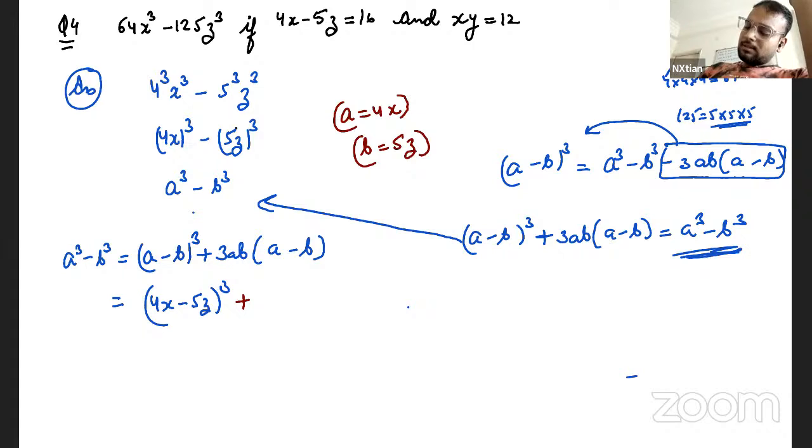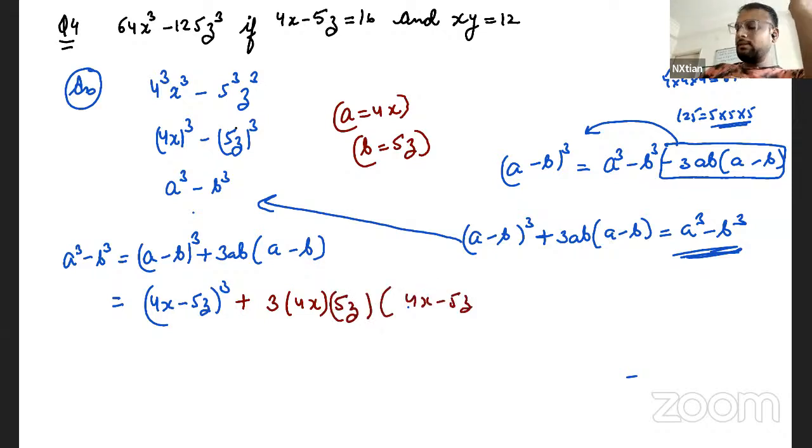So plus 3 into 4x into 5z into 4x minus 5z. Understood, guys? Yes or no? Now the 4x minus 5z value is given, which is 16 cube, plus 3 into 4, 3 4s are 12, 12 5s are 60.